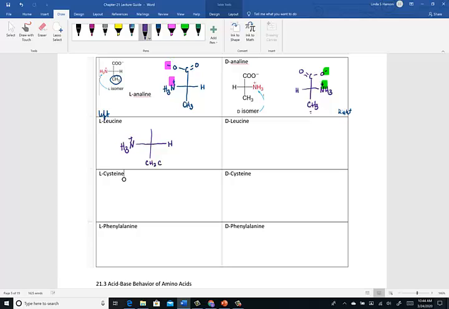CH2, CH, CH3, taken twice. That makes it leucine. Since the carboxylic acid is COO negative, I know that we're going to align those charges to the same side, and it will be L, left side, for the naturally occurring amino acid. That is the L enantiomer Fisher projection of leucine.